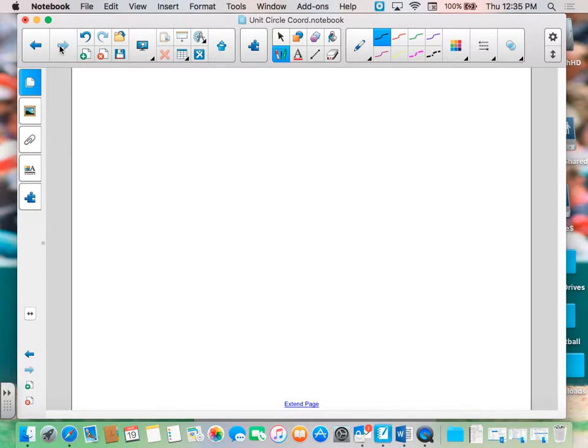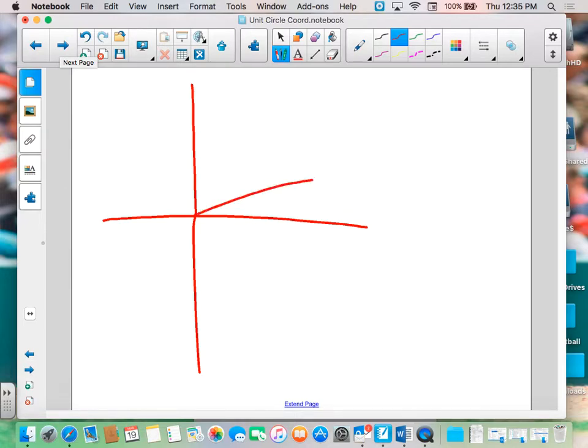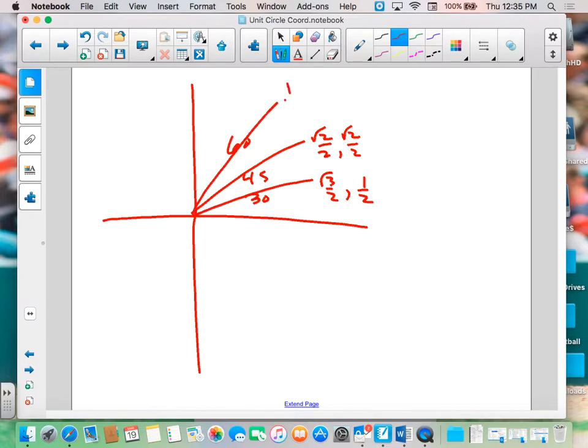I'm going to give you one last thing because I'm having so much fun. I hope you are too. I'm going to draw that first quadrant one more time. 30 degrees, root 3 over 2, 1/2. 45 degrees, root 2 over 2, root 2 over 2. And 60 degrees, 1/2, root 3 over 2.